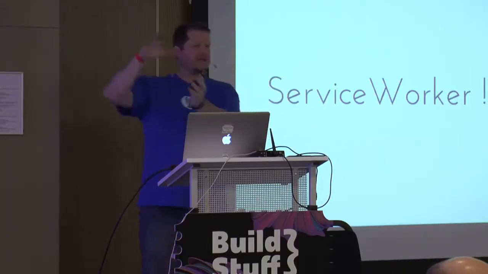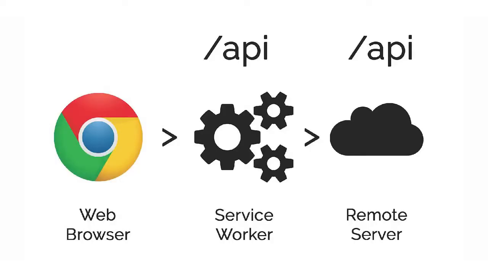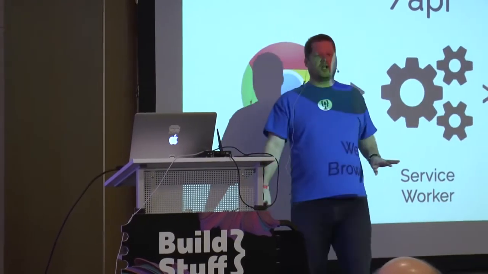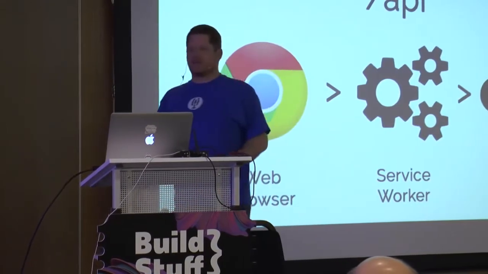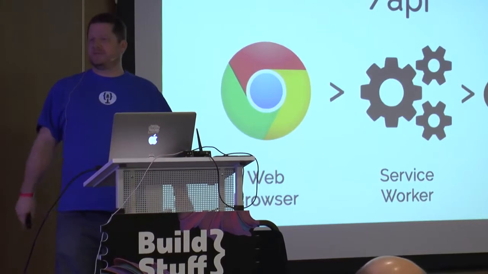A service worker is something that sits over here and does some stuff outside of your browser. Here's the scary thing. So security guy, tell me if this sounds horrible to you. We're going to install something that's going to hijack all of the HTTP traffic coming out of the browser for this web page. And it's going to do whatever it wants with it.